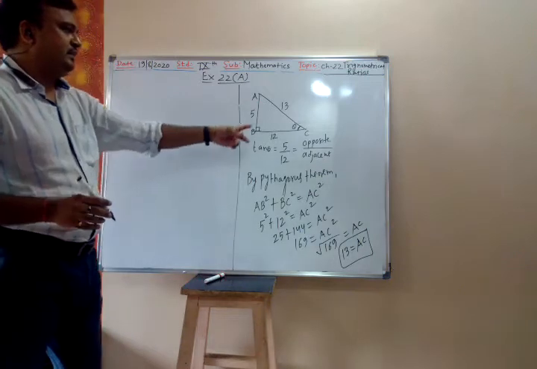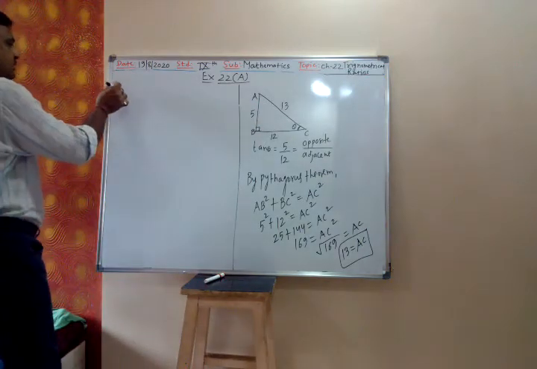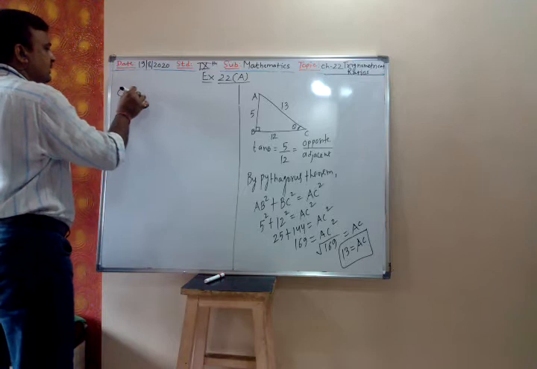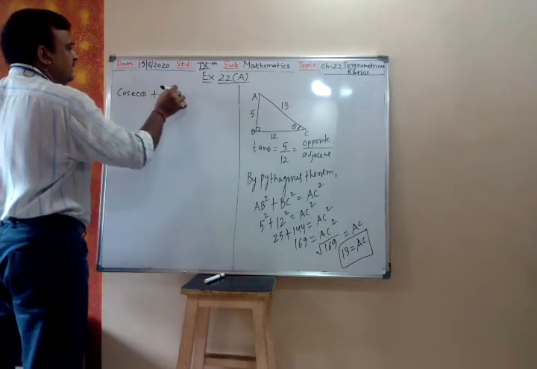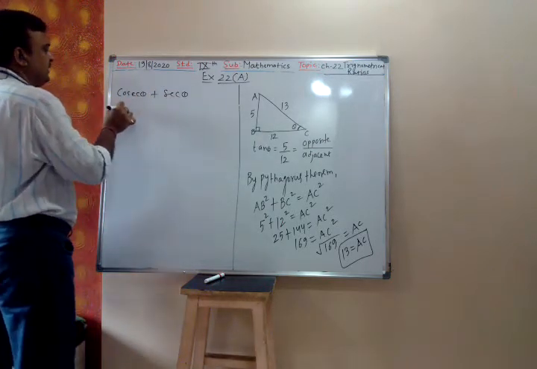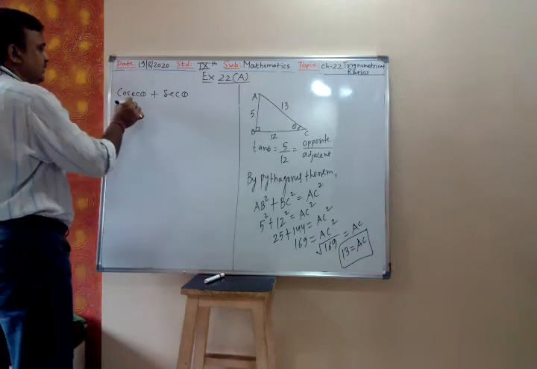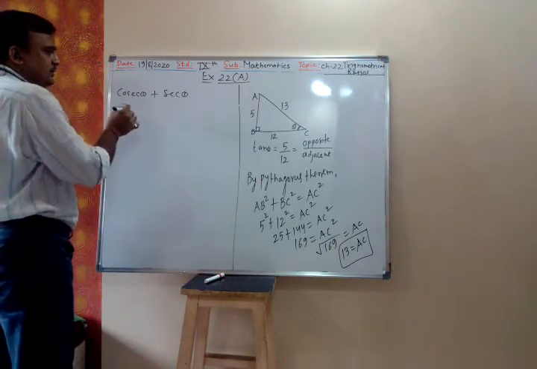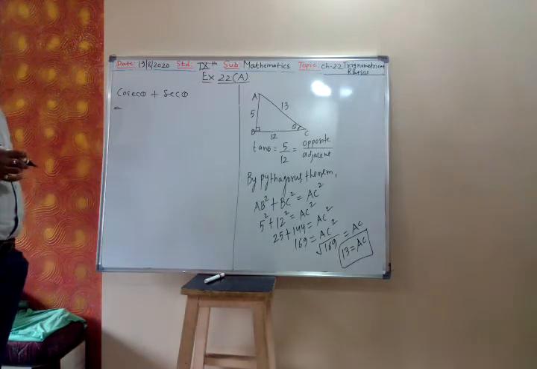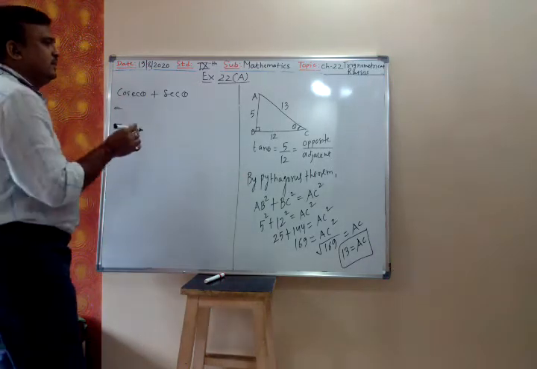AC is 13, and AC is the hypotenuse. So what will be cosec theta?